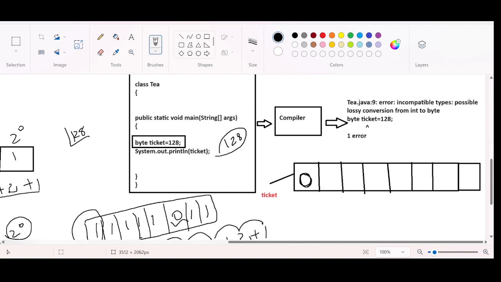Now we will calculate the equivalent binary number for 128.